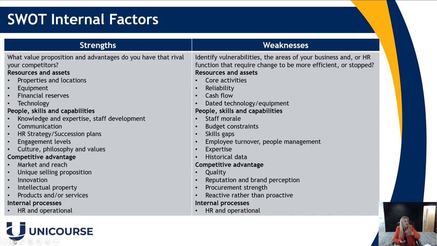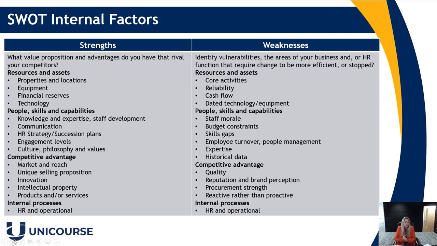So again, looking at the same key areas, so looking at resources and assets, looking at the people, skills, capabilities, and that includes staff morale, that includes the expertise, that includes things like staff turnover as well. What affects your competitiveness? Is it the quality of the work? Does it relate to brand?